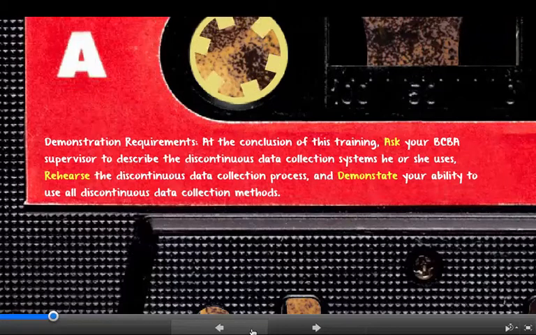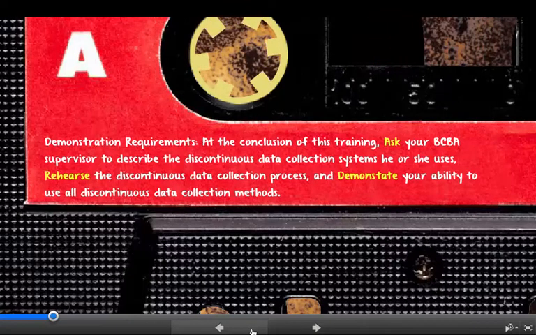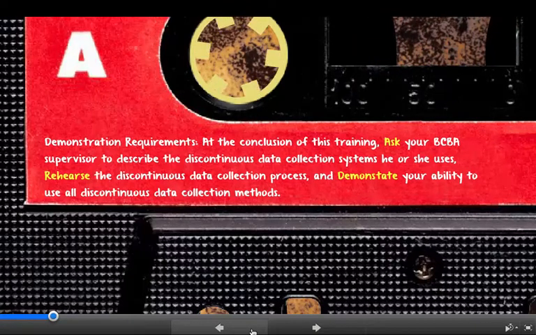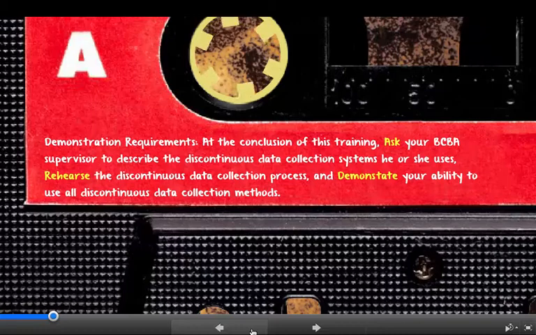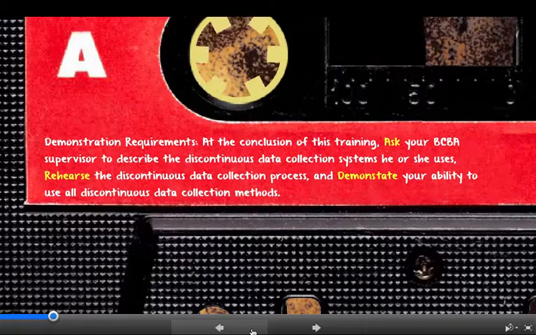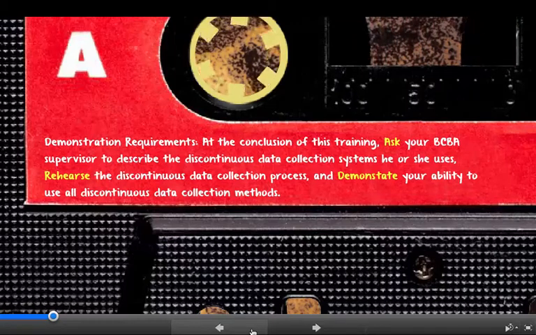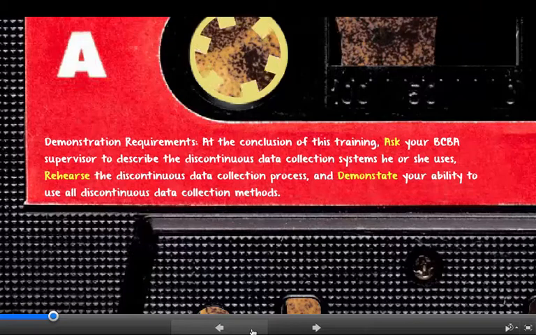I also recommend that you rehearse the discontinuous data collection process. In one of the previous modules, I had indicated that it can be very helpful to watch a video, for example, of the individual that you'll ultimately be working with, and practice collecting data on their behavioral presentation.